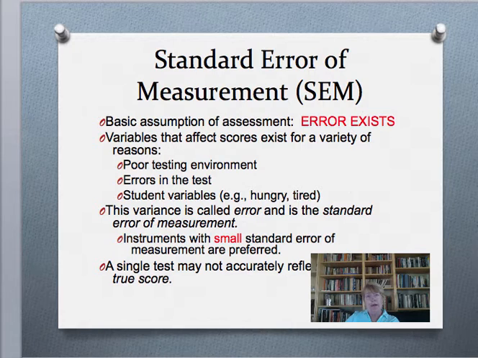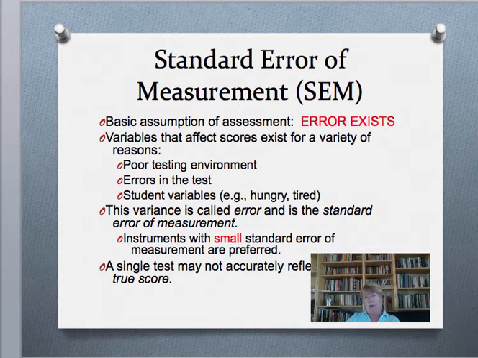So we know that error is there. We can't control for external error too much, although we should try to. And one of the things we'll be talking about next week is how we set up test situations in order to minimize external error in the assessor, the environment, or the examinee. But test makers try to control for the error that's internal, the error that's present in the test itself.